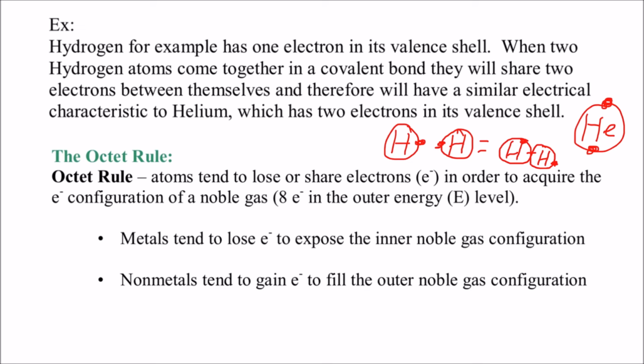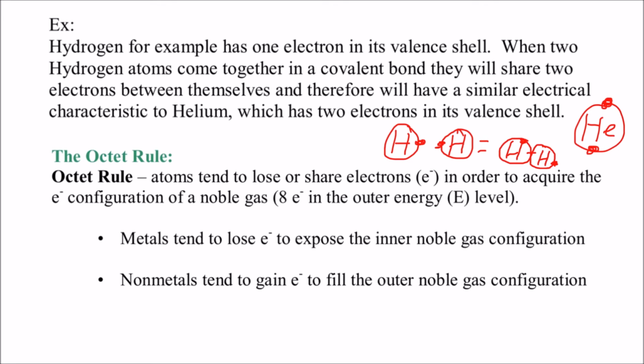Okay, so this electron can zip back and forth between both hydrogens, and so can this one. So in that covalent bond that they have, their nonpolar covalent bond, they're both getting to feel like they both have 2 electrons, so that they look like helium.